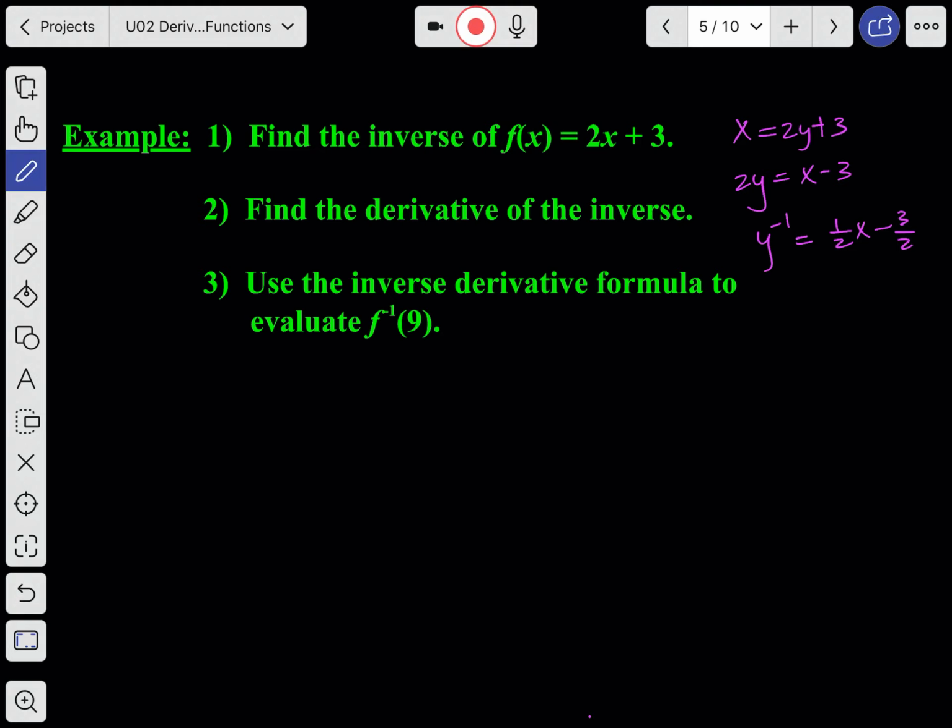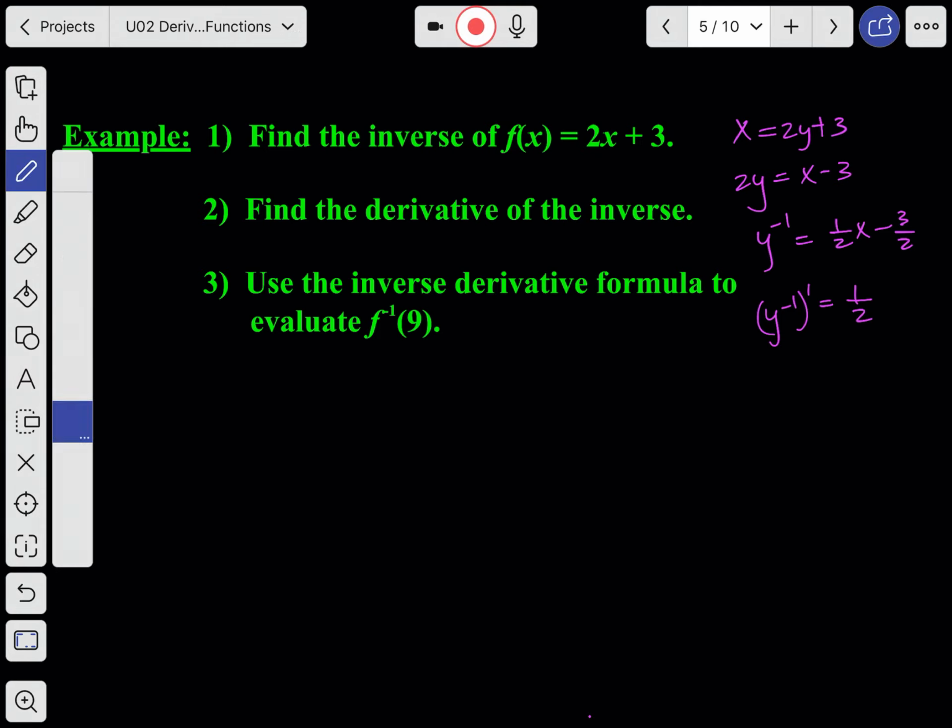If I wanted to find the derivative of the inverse, y inverse prime, if I just use the power rule, that'll just give me 1/2. 1 is the exponent here, so 1 times 1/2, and then we subtract 1, so it's just 1/2. Okay, so that's one way to do it when you have a nice, easy function. Normally, they're way harder. So let's think about it using that formula.